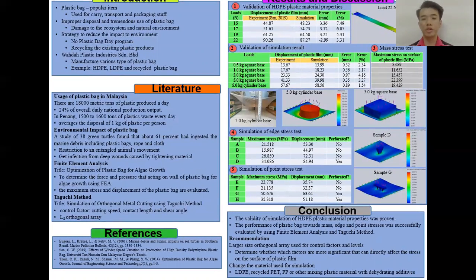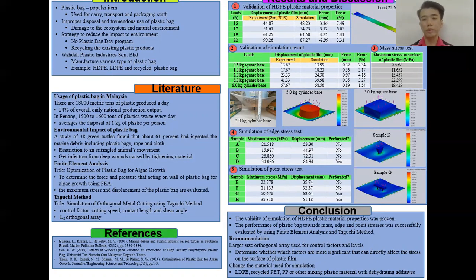And the fourth one is the simulation of the edge stress test. From the table, I can notice that sample D has the highest maximum stress and displacement, which are 34.086 megapascal and 84.94 millimeters.